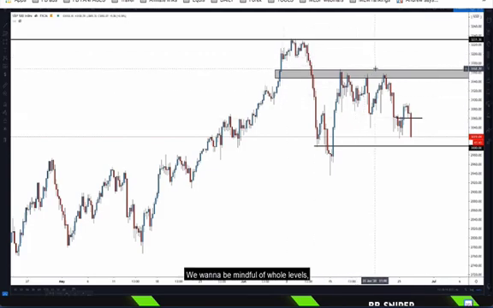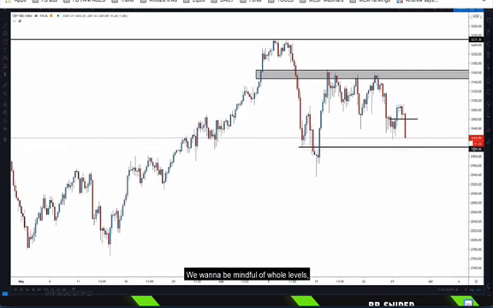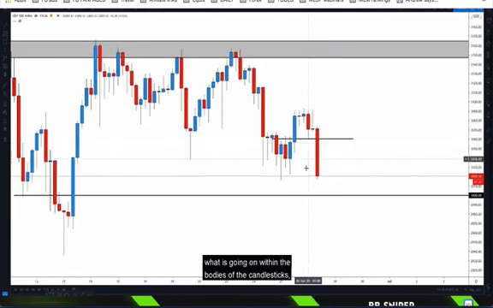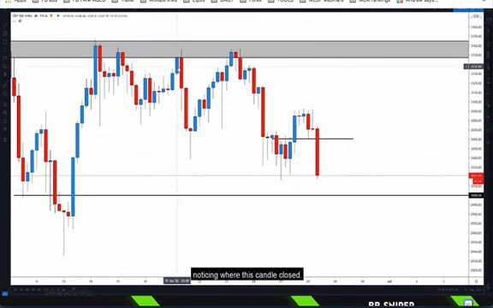We want to be mindful of whole levels and how they line up with past price action. And we want to be able to recognize what is going on within the bodies of the candlesticks.